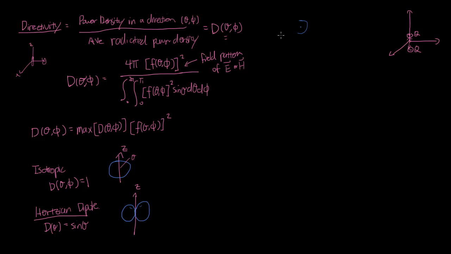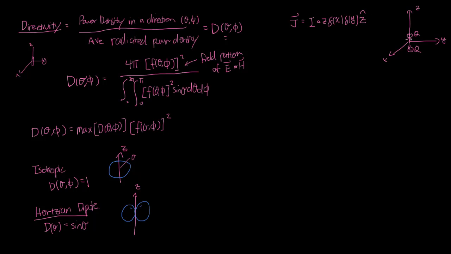So let's take a closer look at what the electric and magnetic fields are, and where you would develop this directivity equation. When you're modeling this Hertzian dipole and trying to figure out how it works, you start with the fact that your current density, the current that you're feeding into the antenna to create the radiating electromagnetic wave, would be some current, like I said before, across an infinitesimally short length along the z direction, and infinitely small in the x and y direction, so we'll use delta functions to describe them.